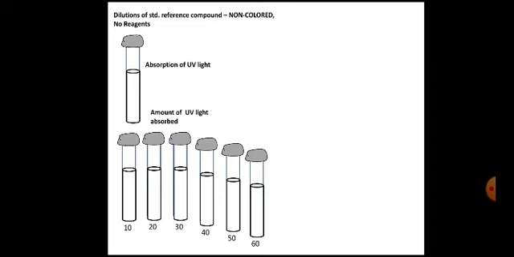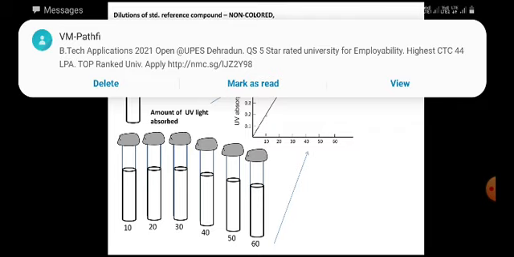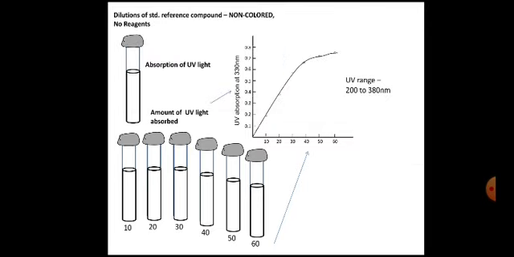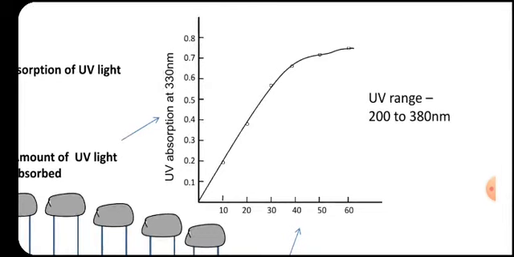Likewise, in the spectrophotometer we can also determine the amount of ultraviolet light absorbed. So now you have two parameters ready, that is UV absorption at 330 nanometers, just as an example, and another parameter on the x-axis, the concentration of fermentation product. This is how you plot this graph.